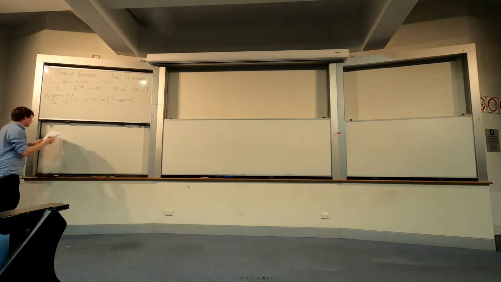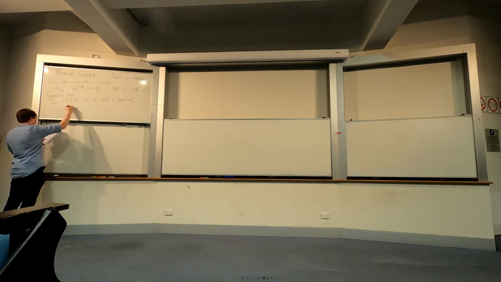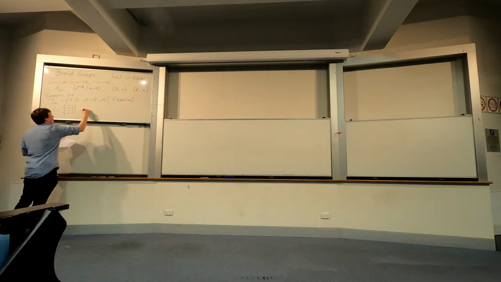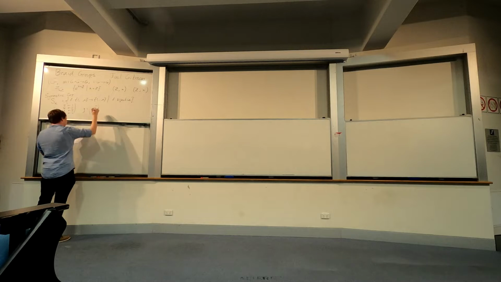So for example, I could take f, and I'm going to write this in kind of a funny way, which will be obvious later on. So I could take 1 maps to 2, 2 maps to 4, 3 maps to 1, and 4 maps to 3. And I can take another function g, which has to be a bijection, 1, 3, 2, 1.